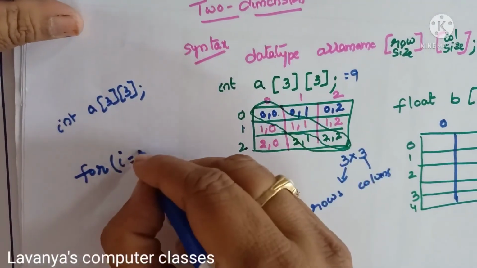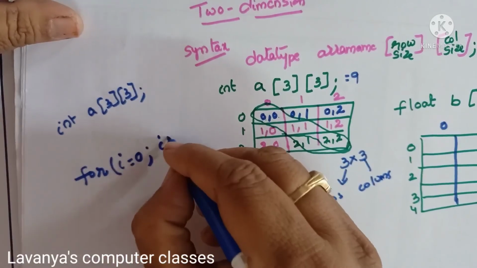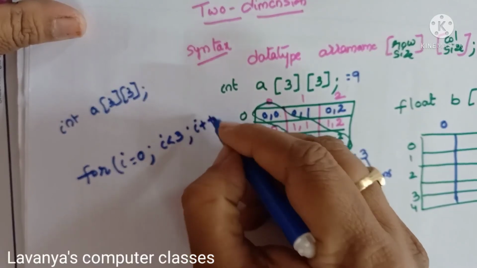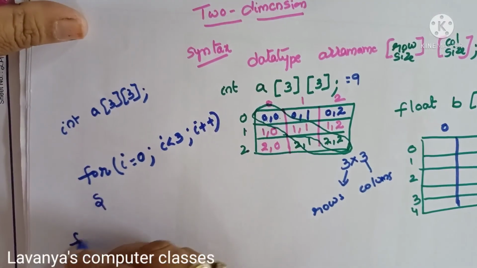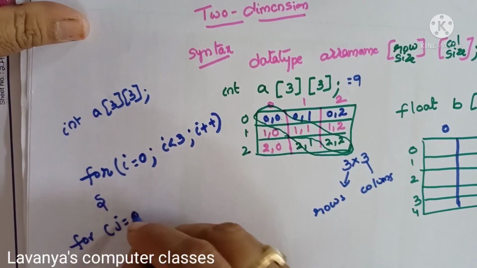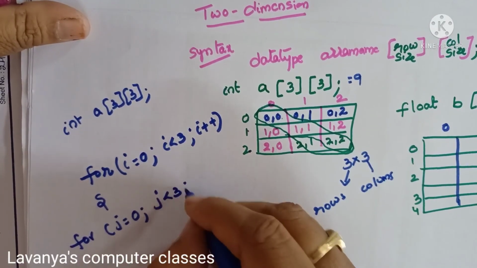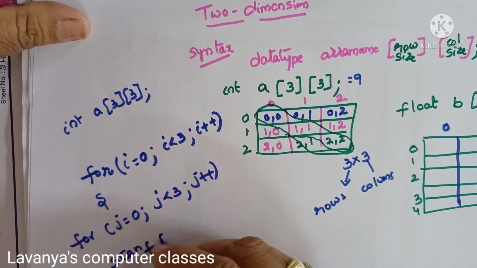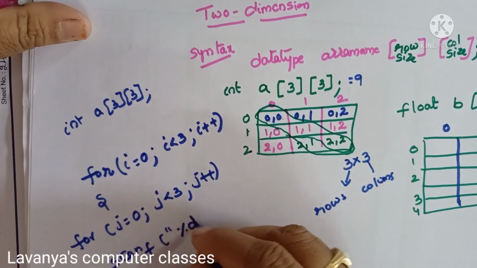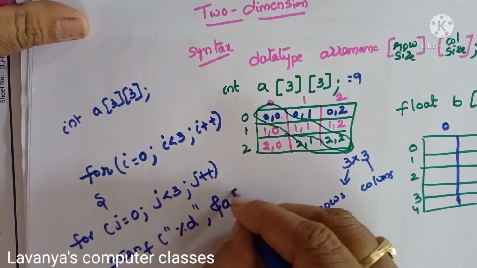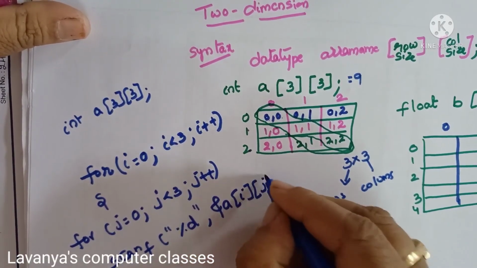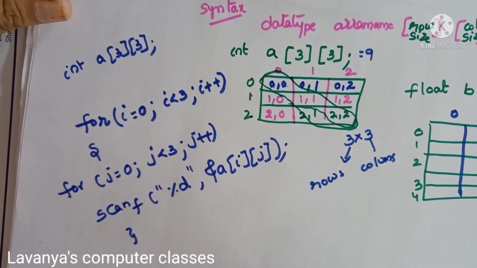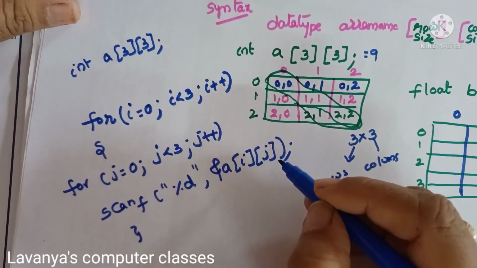It always starts with 0. for i is equals to 0, i less than 3 because it starts from 0, i plus plus. Again for j is equals to 0, j less than 3, j plus plus. Then we write scanf, because these are the integer data type, %d, ampersand a of i j. Like this we can read the elements in a double dimensional array. i for row, j for column.